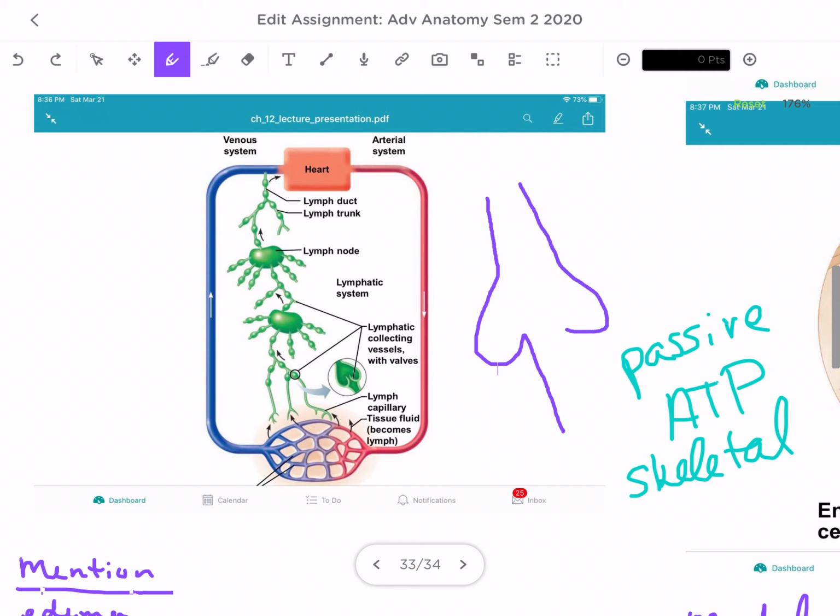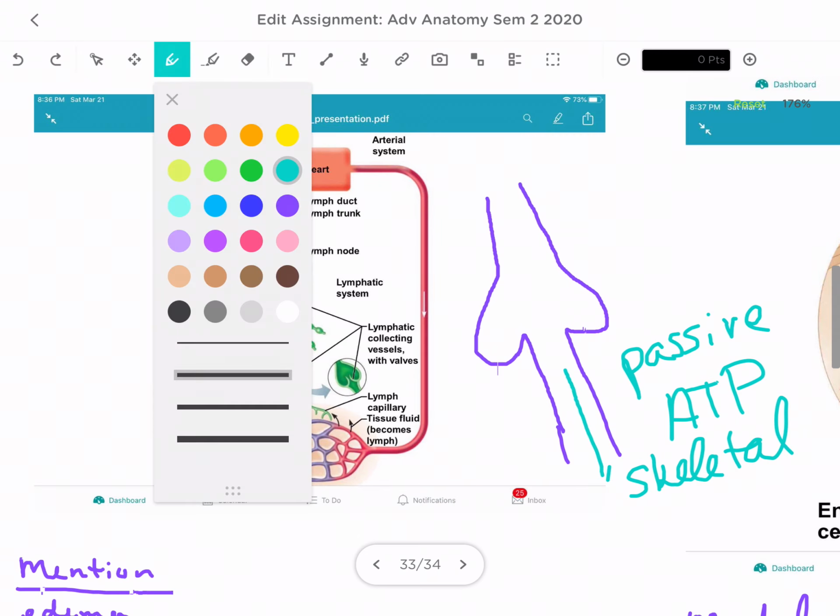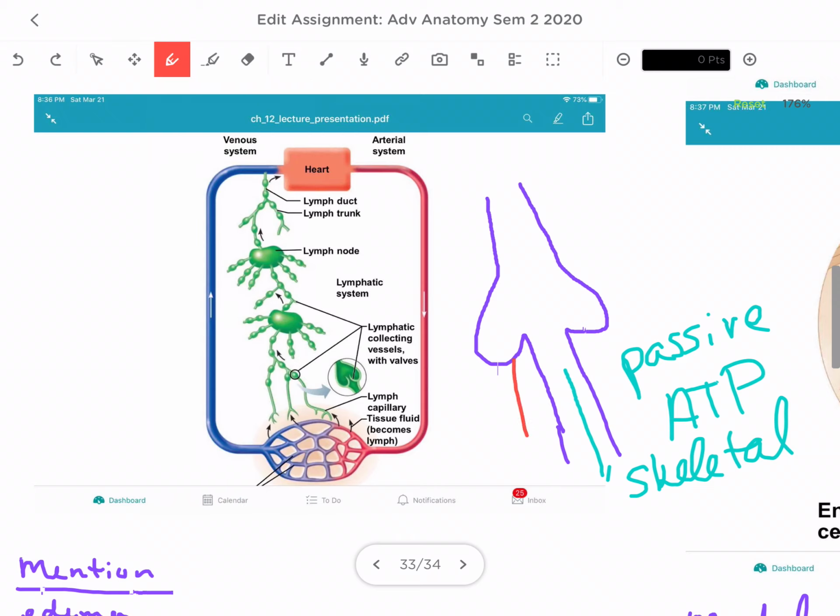I'm not the best artist. They kind of look like this. And as fluid gets pushed up here, if it tries to go backwards... As fluid gets squished up by your skeletal muscles, so you'll have skeletal muscles running here and here.